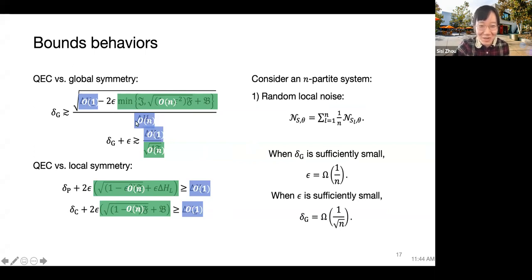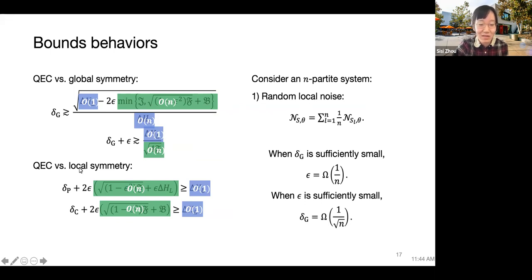So that's why it looks weird, but actually the denominator would have a square here. Forgive me for this mistake, but basically you can see that for this type of random local noise, the first type of global symmetry relation is better than the second type, because the first one is going to give you the square root of n, but the second one is only going to give you 1 over n.